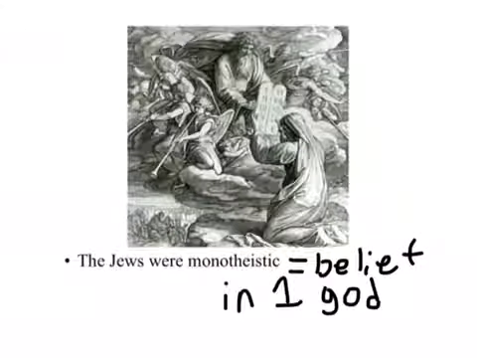One of the things that made the Jewish religion somewhat unique amongst the ancient religions at the time is that the Jewish people were monotheistic. Monotheistic is the opposite of the vocabulary word we did the other day, polytheistic, mono meaning one. Monotheistic means the belief in one God. This was in contrast to a lot of the major religions of the day.